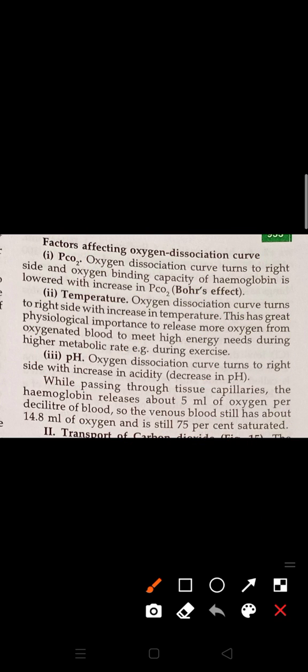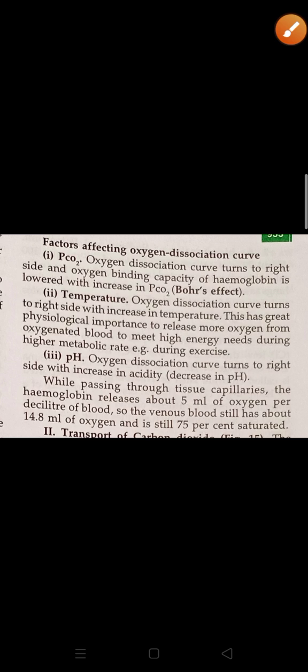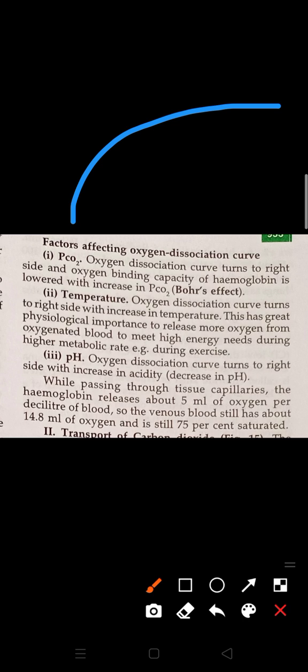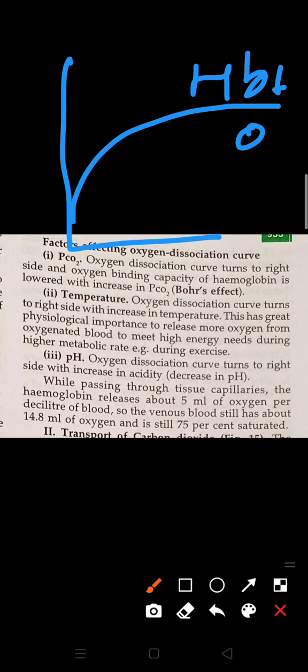For the oxygen dissociation curve, temperature is very important. When temperature is low, it increases the affinity of hemoglobin to attach with oxygen. The oxygen dissociation curve turns to the right side with an increase in temperature. When the curve shifts to the right, hemoglobin and oxygen will dissociate soon.